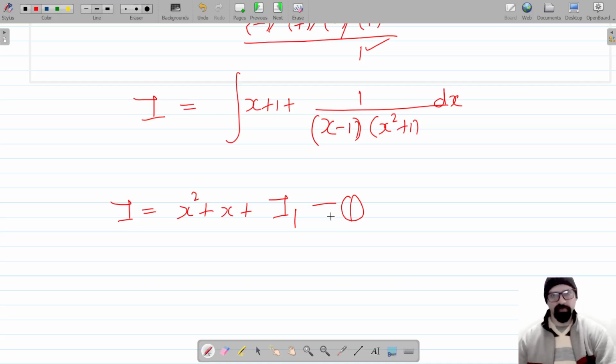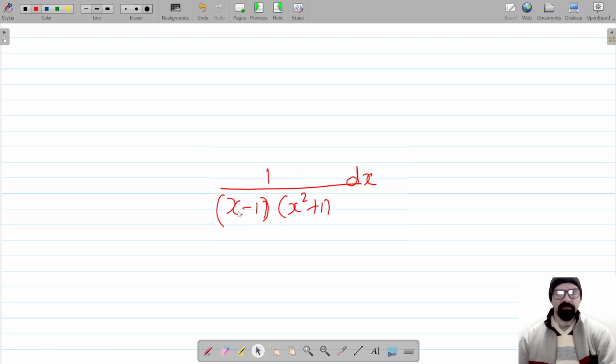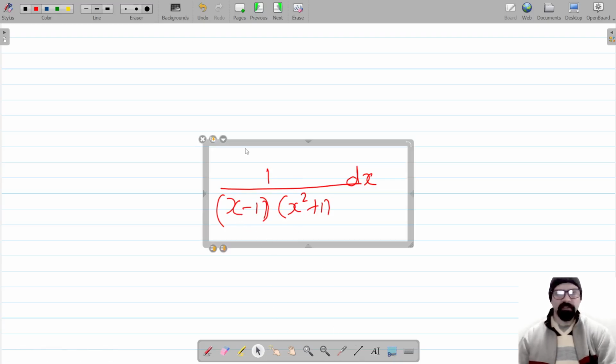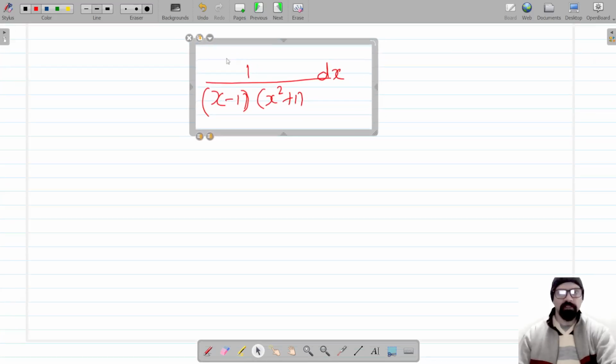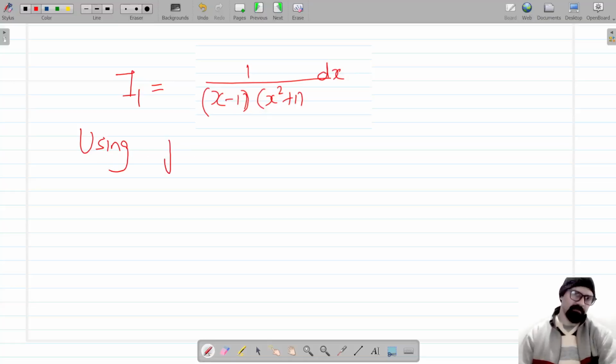Let this be equation 1. Let me find this out now. This is I1, and I'm going to integrate this using the partial fraction method.